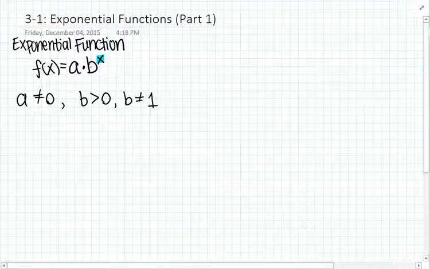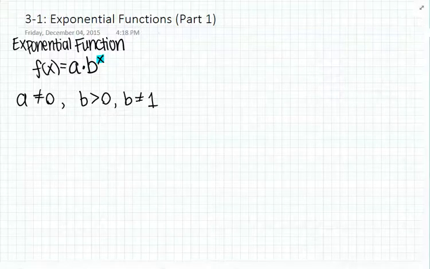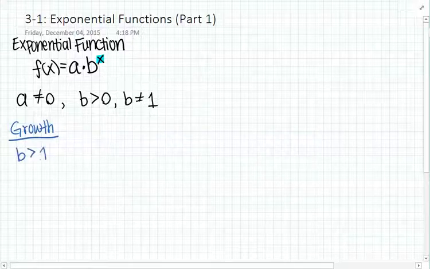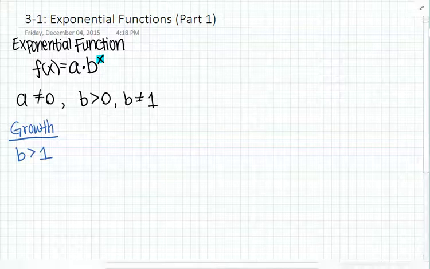So there are different types of exponential functions. We have the growth exponential functions, and it's considered growth if the b value is greater than 1. And then we have the decay.